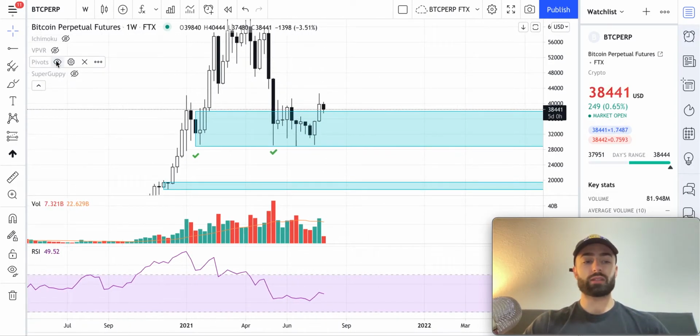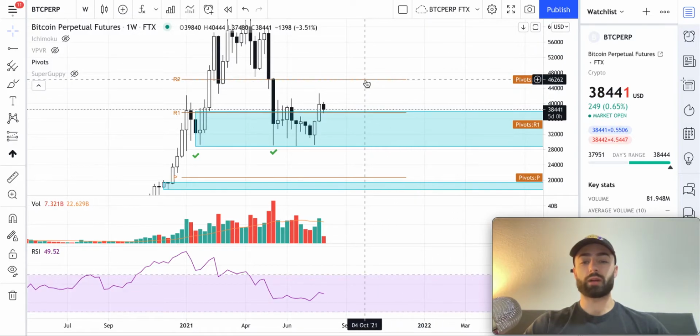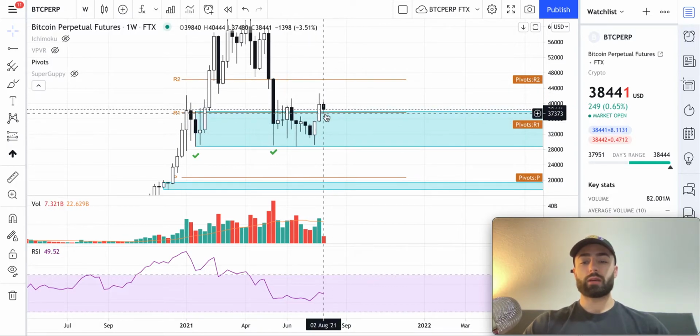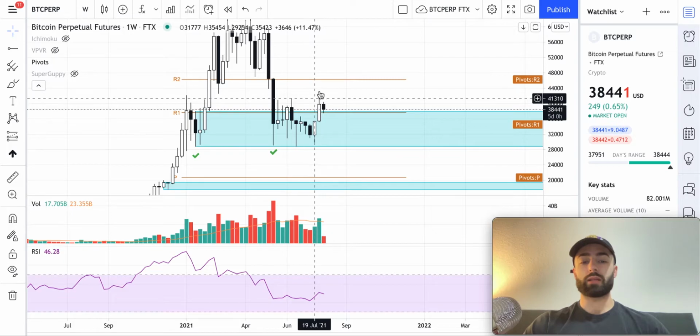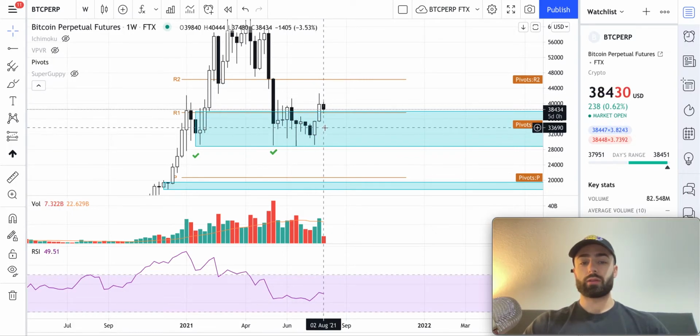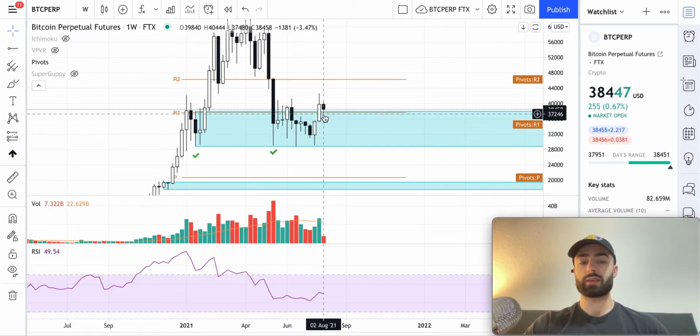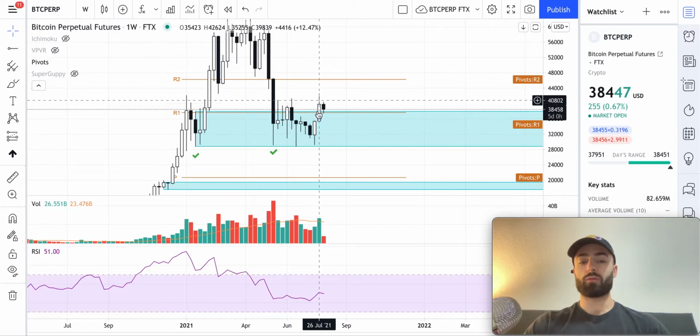The resistance level is really the R2 pivot up here at about 46,300. If we break down this week and set our weekly lower low, the reason is because of the magnitude of this move. This move was pretty significant in size. It's over a 45% move in price from this low to this high.